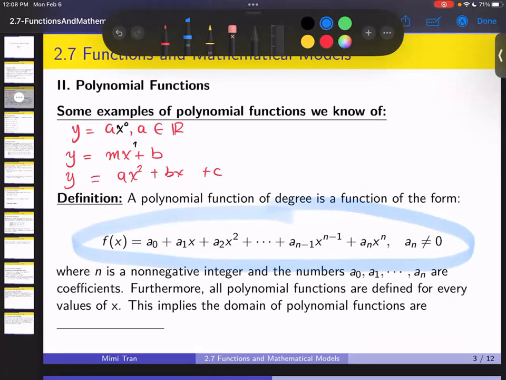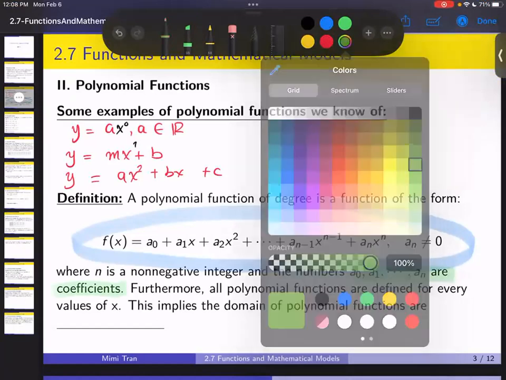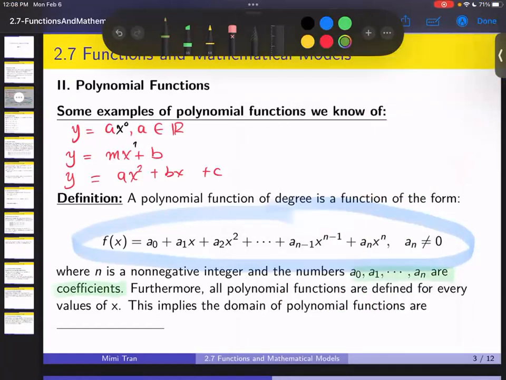They belong to the real numbers. However, your power belongs to the natural numbers. So a naught, a1, all the way to an are coefficients, and they are real numbers. They belong to the set of real numbers.